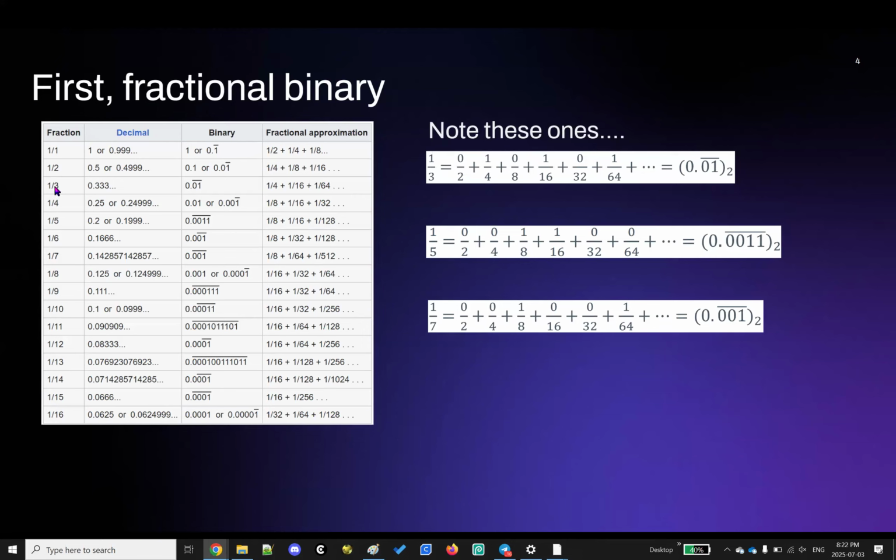Let's say you take a 3, for example. How do you form 1/3 into a summation of a half, one quarter, 1/8, etc.? You fill in the blank with a half or not, then you put a 0 or 1 accordingly. So basically, it forms this infinite series.